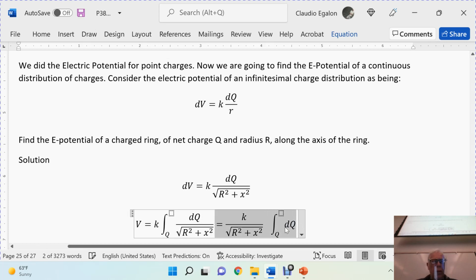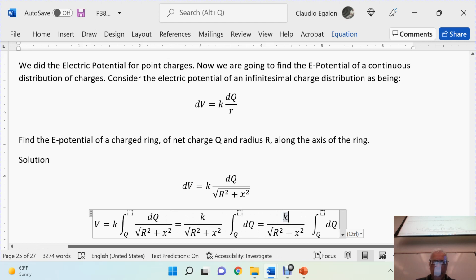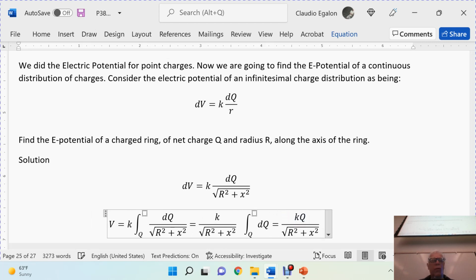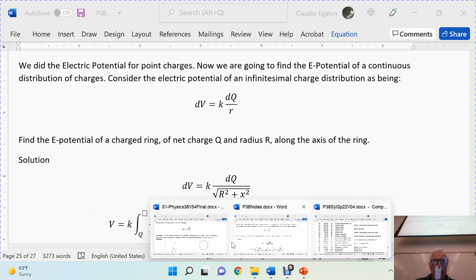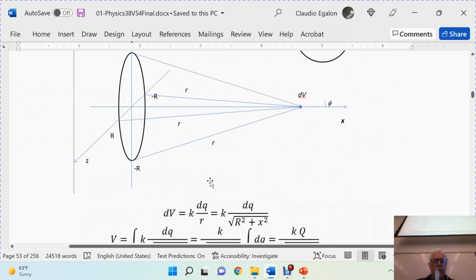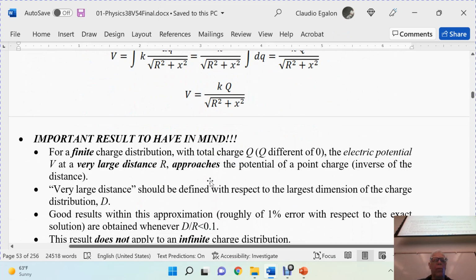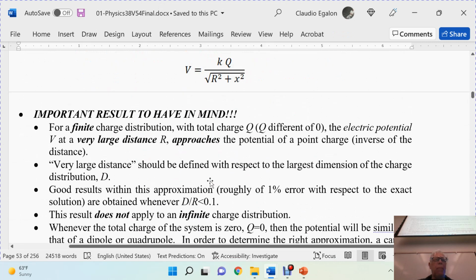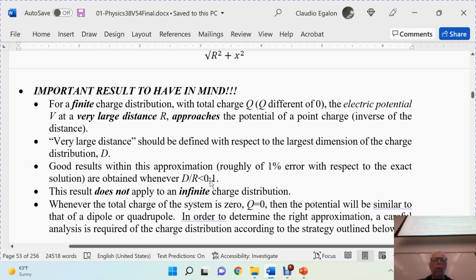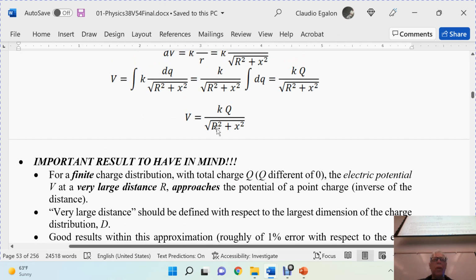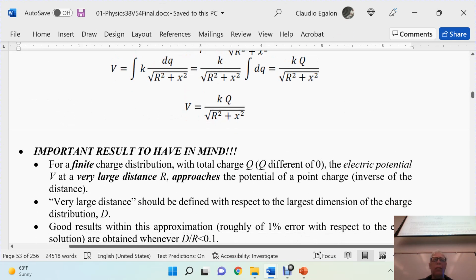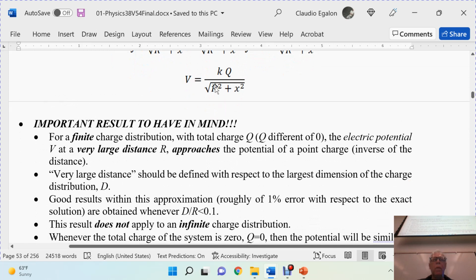Integrate over all the q, we get kq over this square root. That's what we end up getting. Then we can do that approximation for x much greater than the radius, the size of the ring.